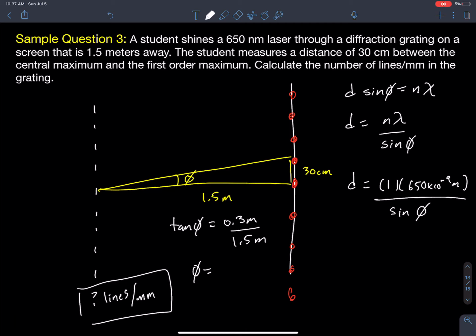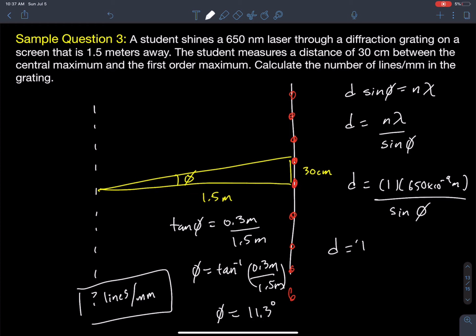So theta is equal to tan minus 1 of 0.3 divided by 1.5, which is 11.3 degrees.